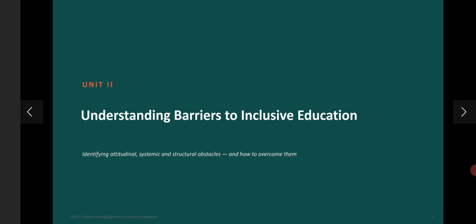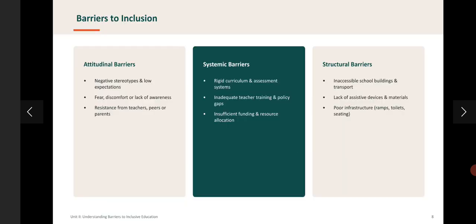So, what is the barrier here? Understanding barriers to inclusive education. Here the barrier means, of course, the struggle, right? First, attitudinal barriers, systemic barriers, structural barriers. So there are multiple barriers.